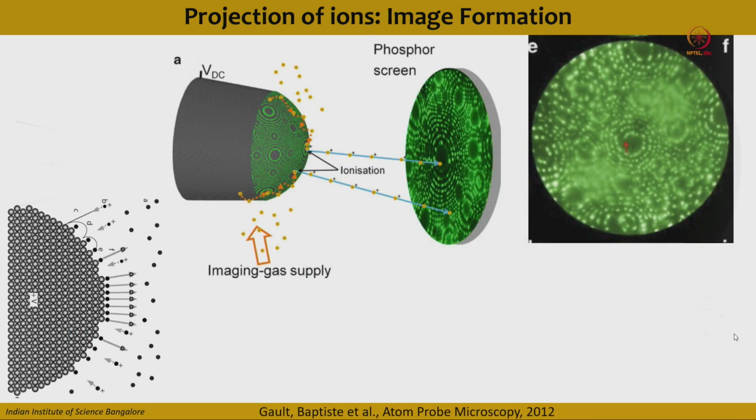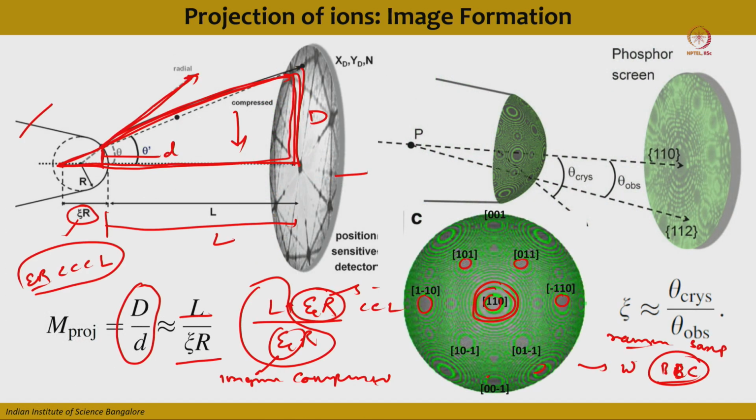So what we can do is measure the observed angle, theta observed, between the two zone axes or the two crystallographic axes, and we can also calculate theta crystallography by the simple equation of cos theta, which depends upon h1 k1 l1 and h2 k2 l2. And xi can be calculated or estimated from theta crystallography by theta observed.